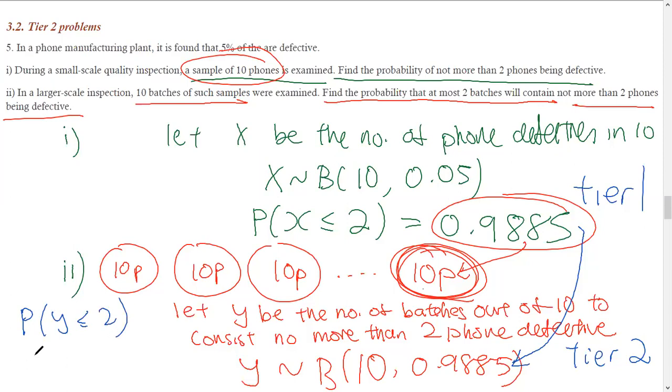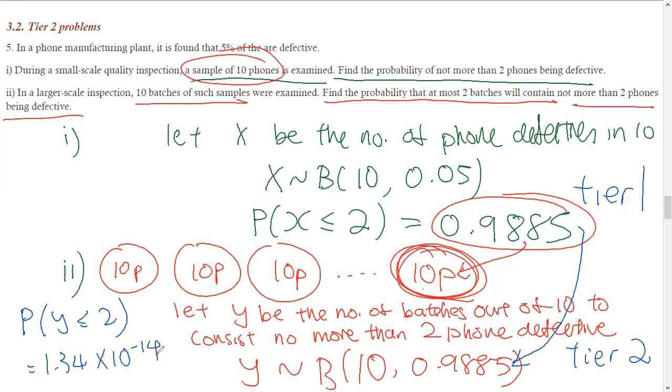Okay, the probability here is going to be very small. It's going to be 1.34 times 10 to the power minus 14. But it doesn't matter. Most importantly, you must understand the way this question is being written. This is a very difficult question for some of the students. If you have difficulty in understanding this question, please just memorize how this question is done.